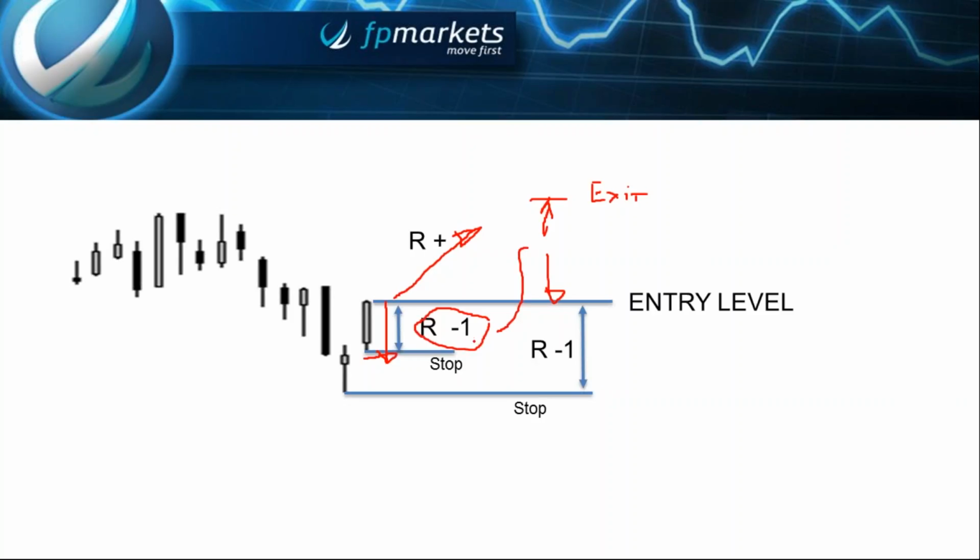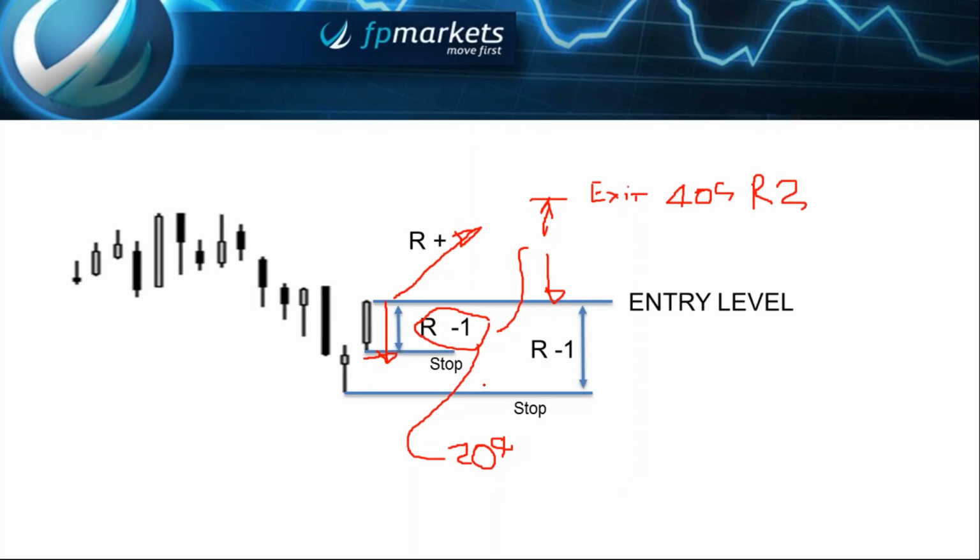So if this here is 1, and for example this number in here, I'll use a nice round number, is 20 cents in here. If the exit is up here and we've made a profit of, say, 40 cents, then our R value, our exit value, is R2.